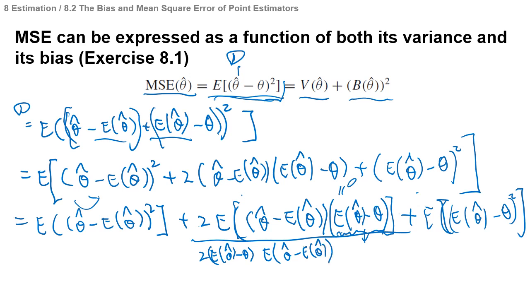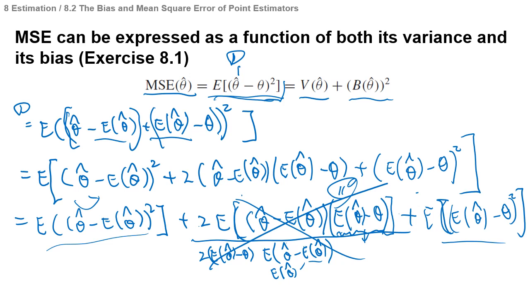The expected value of a constant is that constant, so the expected value of zeta hat minus the expected value of zeta hat cancels out and becomes 0. So this term goes away.